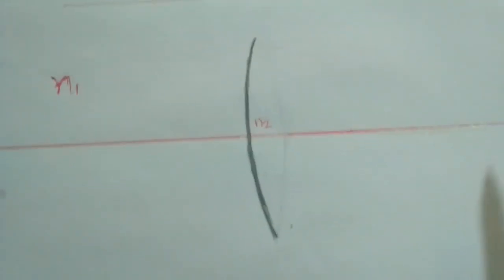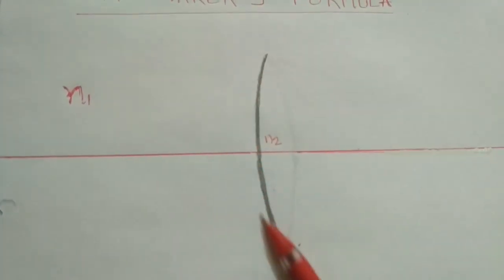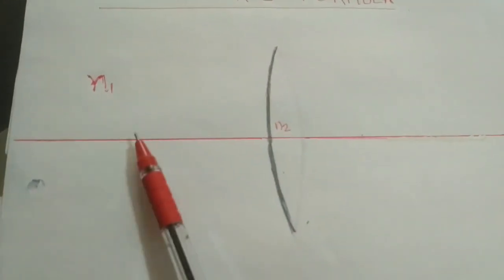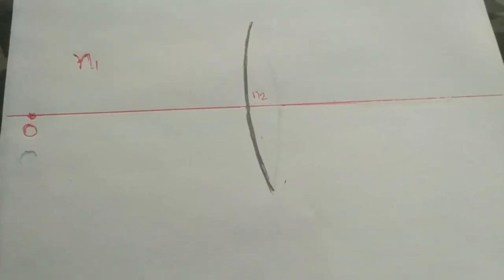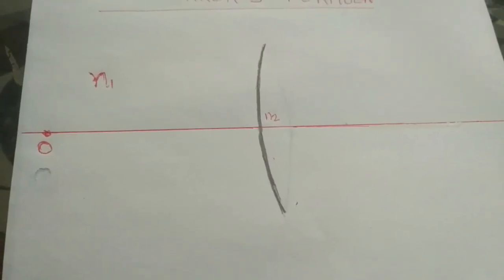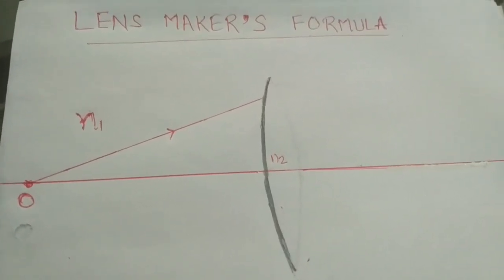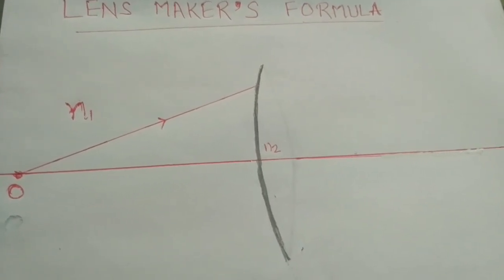But currently the lens appears like the convex spherical surface of a different medium. So using that topic, I'm doing it again. Now let O be an object on the principal axis. One ray starting from point O falls on the spherical surface, and it will bend toward the normal as n2 is the denser medium.